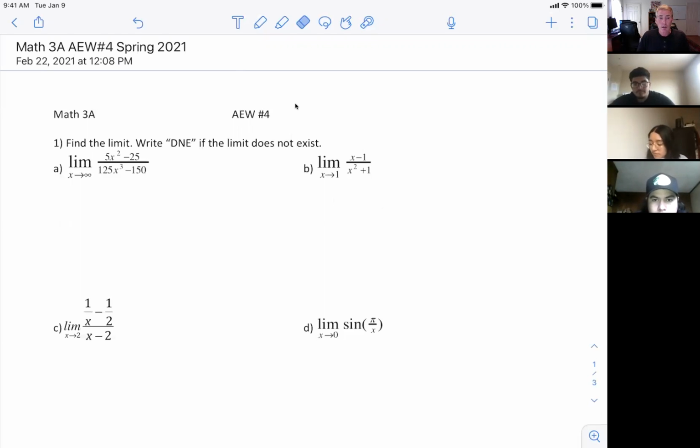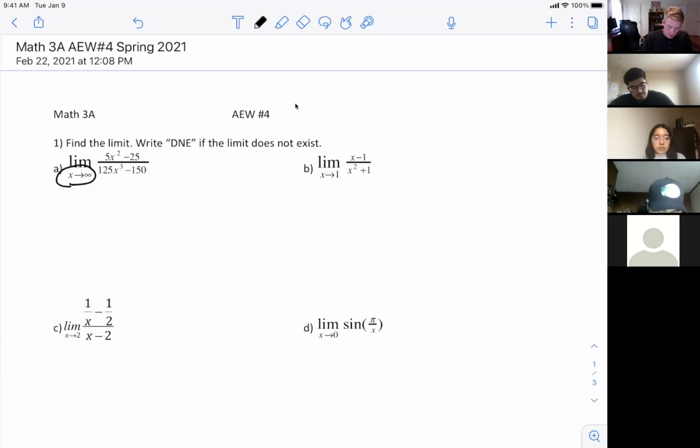Okay, so I'm going to look at these in different ways. One way is when x is going to infinity and you've got a polynomial divided by a polynomial. Basically, if x is going to infinity, then the 5x squared term is going to be controlling the top, because if you have a million squared times 5, it's going to be a huge number.